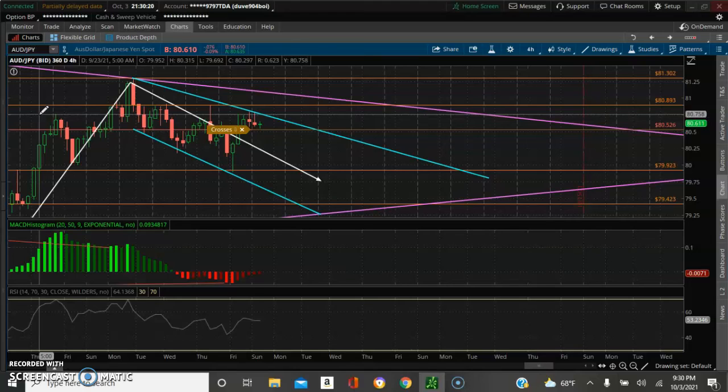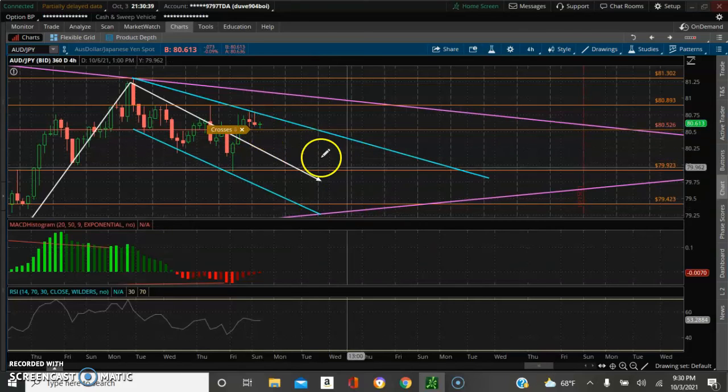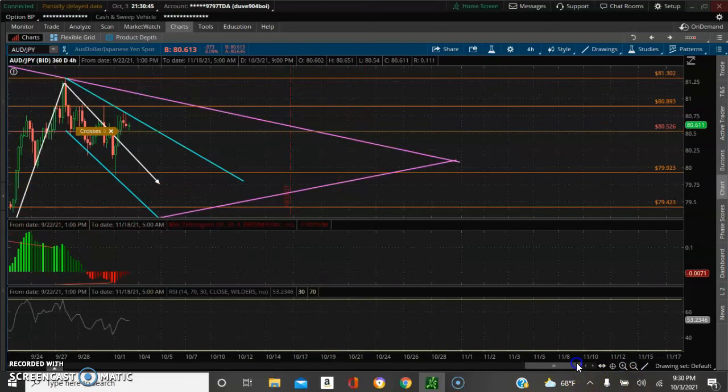Right now the market is challenging this 80.70, 80.75, 80.79 area, and also the 80.526. That is the controller of the market price right now as far as price action goes. As we see, we do have a bearish symmetrical triangle, and we're going to see if this actually plays out.